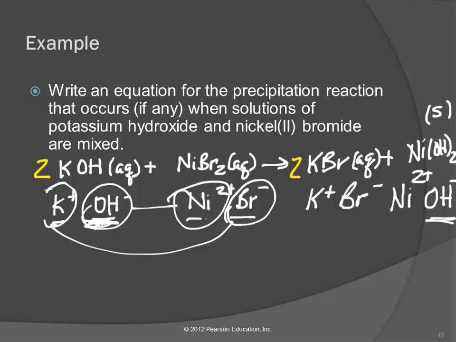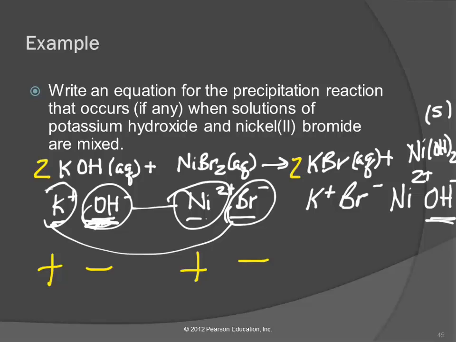Any questions? Yes? How do you know that the hydroxide and the nickel go together and the potassium and the nickel? Well, because here we have, this is a guy and this is a guy. Actually, let's just do plus and minus. So here we have a positive ion and a negative ion, and a positive ion and a negative ion. Okay, this is traditional, not San Francisco.